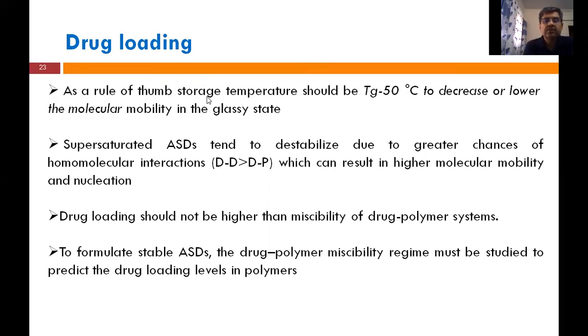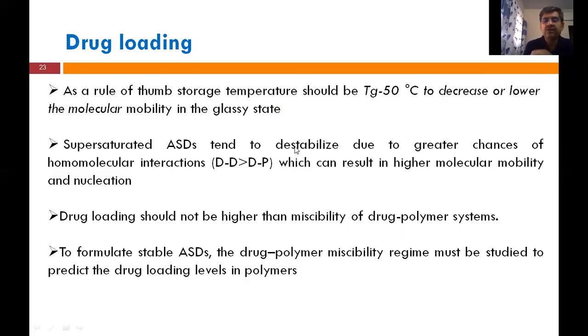As a rule of thumb, storage temperature should be Tg minus 50 to lower the molecular mobility of the glassy state of the API. This is also called the Tg minus 50 K rule. K stands for Kelvin.